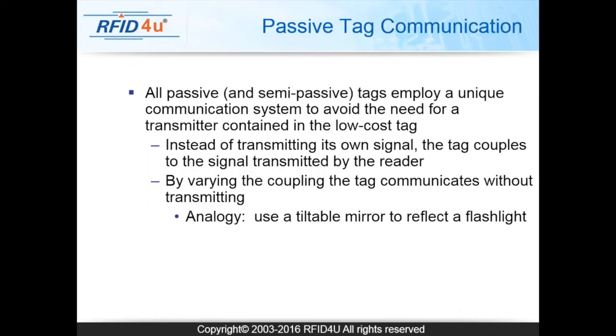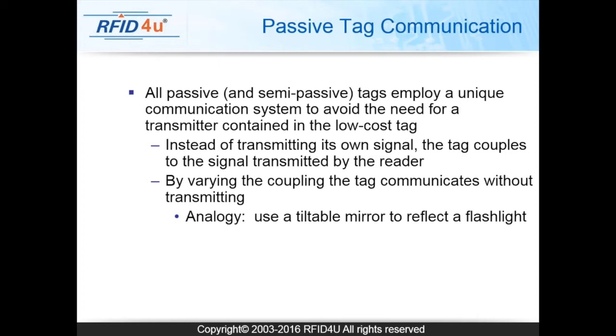Now, all passive and semi-passive tags, whether it's UHF, HF, or LF, employ a unique communication system to avoid the need for a transmitter contained in a low-cost tag. So instead of transmitting its own signal, the tag couples with the signal transmitted by the reader. As a result, by varying the coupling, the tag communicates without transmitting.